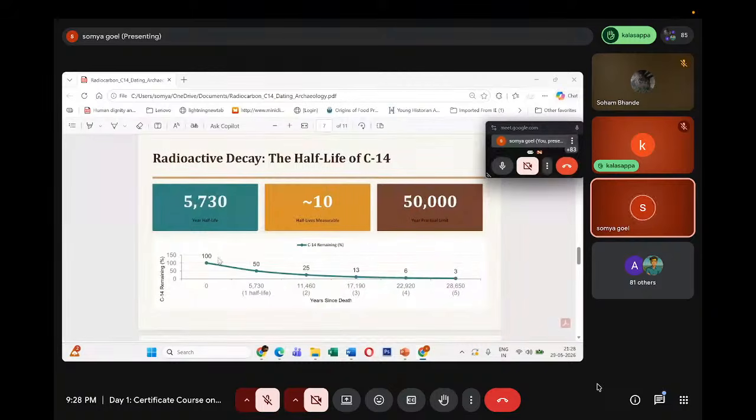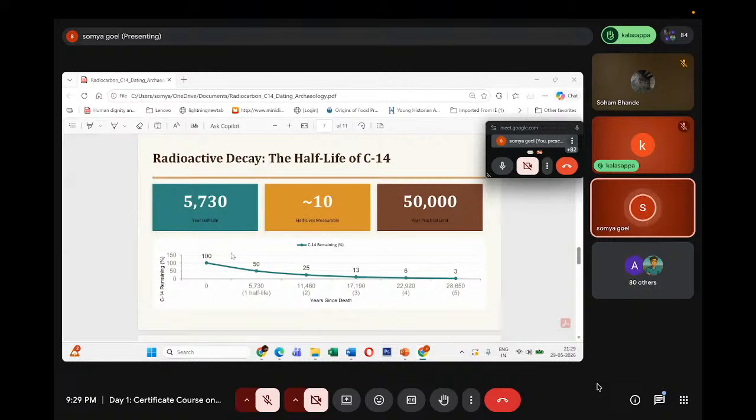After the first half life, that is after 5730 years, we'll be left with half of whatever carbon was there in the organism. Then after another half life, that is another 5730 years, a total of 11,460 years, we'll be left with a quarter of the total, like of 100. As we move on, we'll be left with half and half and half of the recent value.